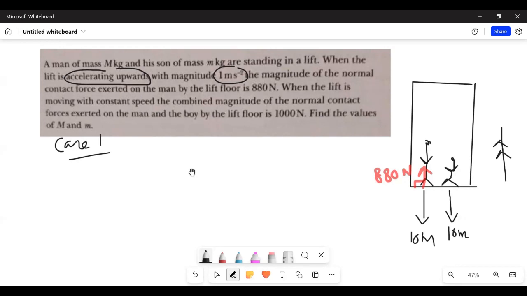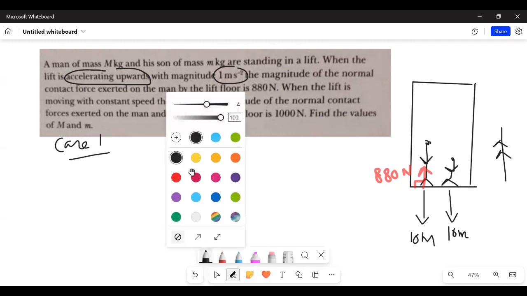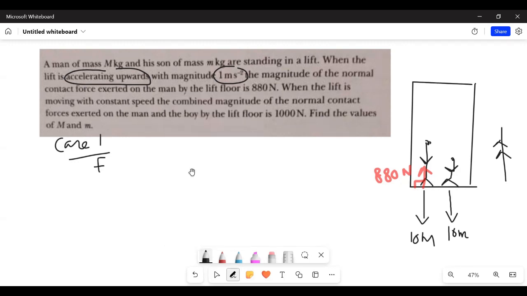Ma'am, 880 newtons. Forward force minus backward force, 10M, equals mass times acceleration, m into a. Given a is 1. So forward force, which is 880, minus backward force, which is 10 capital M, equals MA. 880 minus 10 capital M equals M times acceleration, which is 1.